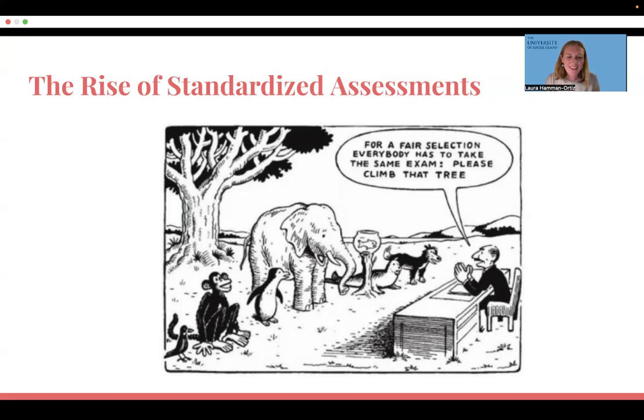And I like this political cartoon because I think it illustrates the ridiculousness at times of the way that we approach assessments, and especially standardized assessments, but assessments in general. You can see here that, of course, it is not a fair exam for all of these animals to climb that tree, because some of the animals will need different supports if they're going to be able to do that.